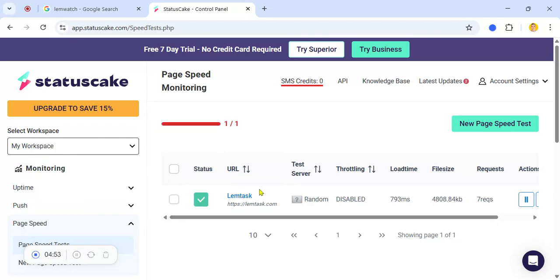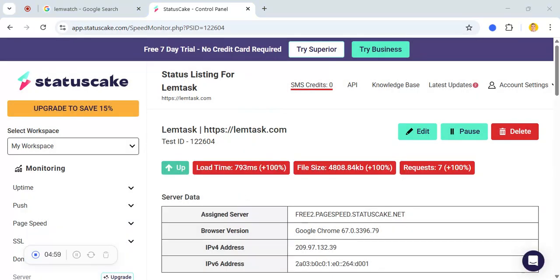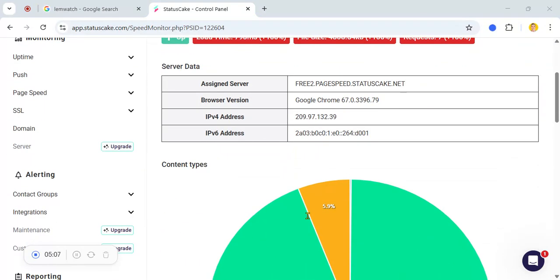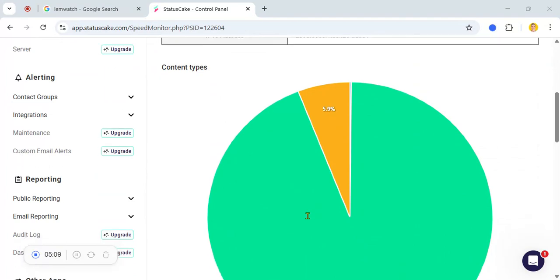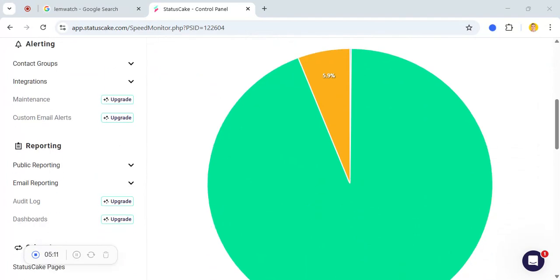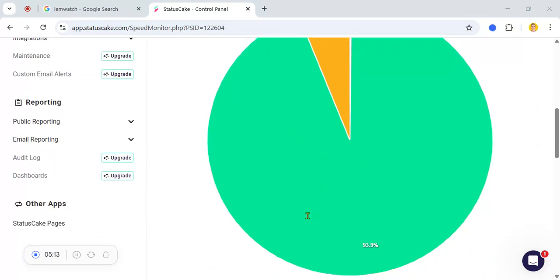But in reality, performance degradation usually happens before full outages. You fix this by using StatusCake's performance monitoring features. You can track your trends over time. If load times gradually increase, that's an early warning sign. Addressing these trends early prevents major downtime later.